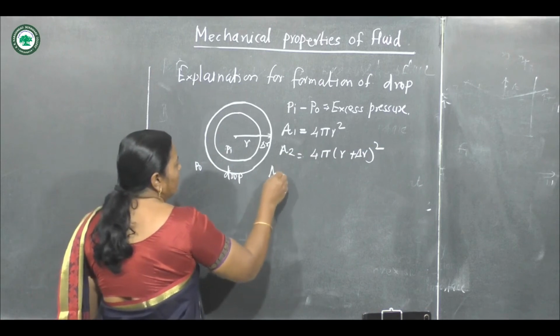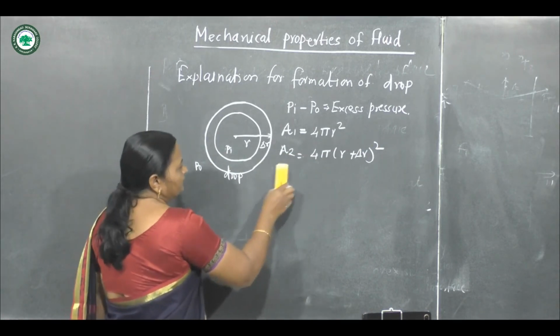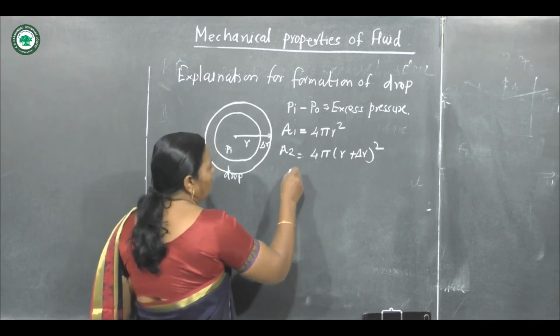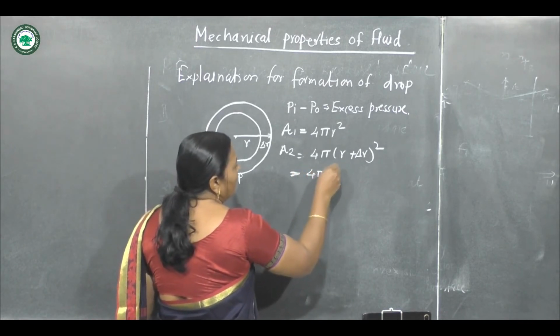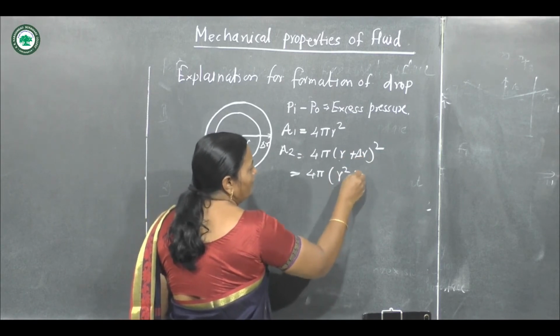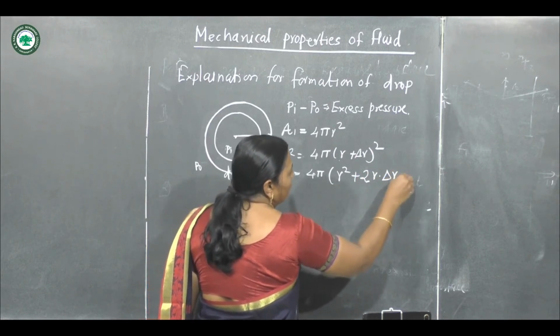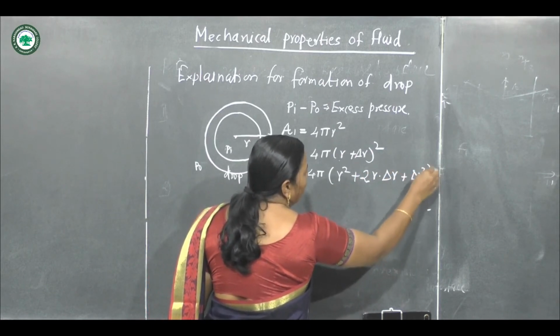Then for A2 minus A1, we expand this bracket: 4 pi into r square plus 2r delta r plus delta r square.